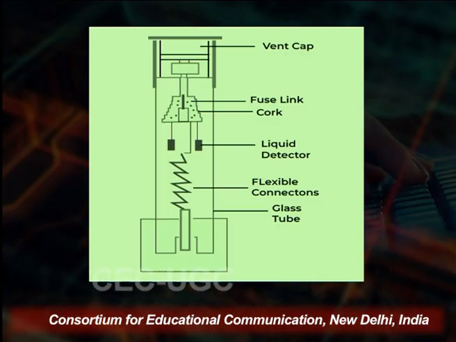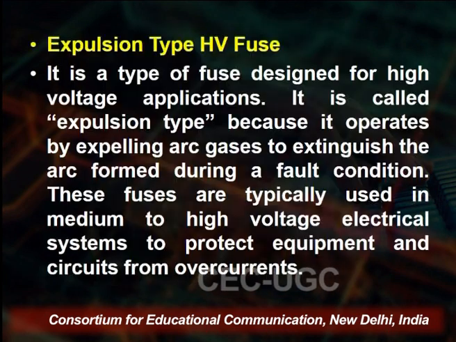You see on the screen that this is one type of liquid HRC HV fuse. We have a cap on both sides, and between them it is filled with the liquid, and you see that the arc is produced between the terminals. So it will protect from the damage.